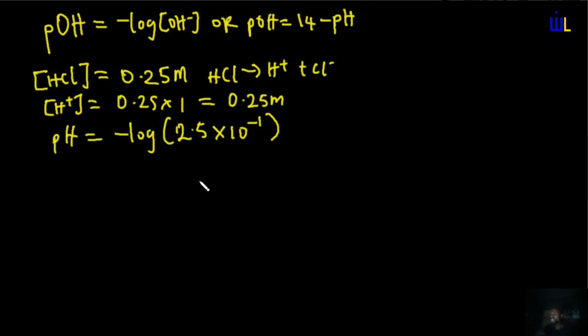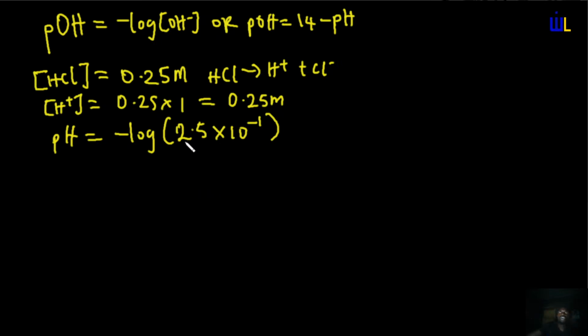Log 1 is 0, log 2 is 0.301, log 3 is I think 0.477, log 4 is 0.602, log 5 is something. So just try to keep these things in your head. You just write them out, repeat them over and over, and it comes into your head. That's the only way to solve this question in the hall, because in the exam calculator there is no log. So just try to cram these things and it will be easier for you.